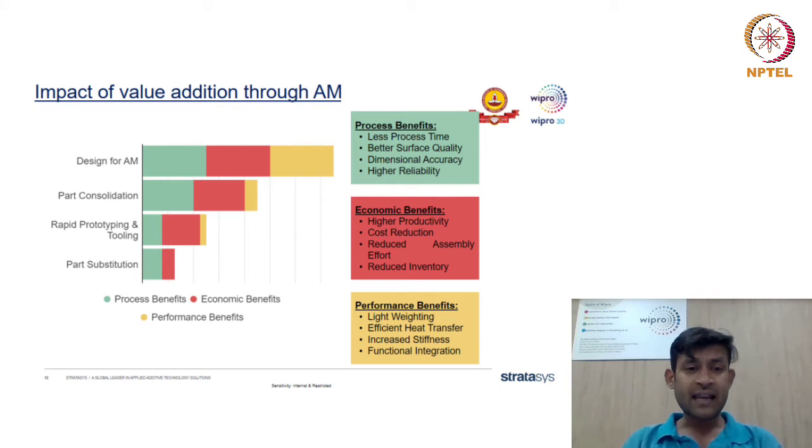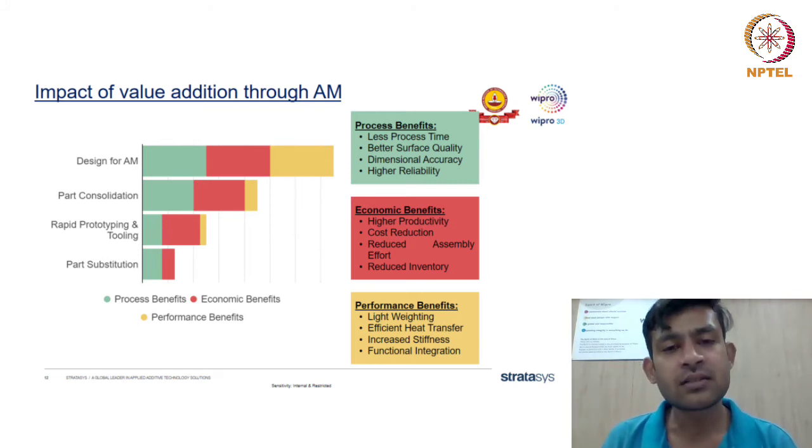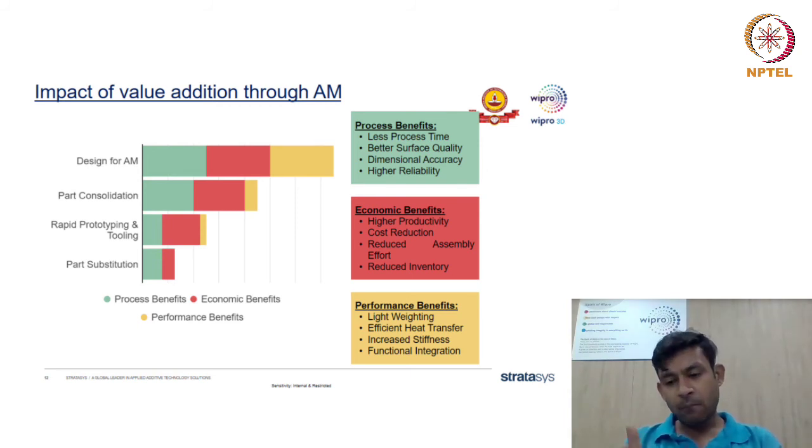Also, if you're designing for your process, you would want to have as few support structures as possible. When you are having the least amount of support structure, you are wasting the least amount of time in printing the support structures. Actually, you are not wasting. Support structures are very mandatory, that we will understand in the further slides, but optimization of my orientation helps me in reduction of support structure, which helps me in reduction of my build time, hence my productivity increases.